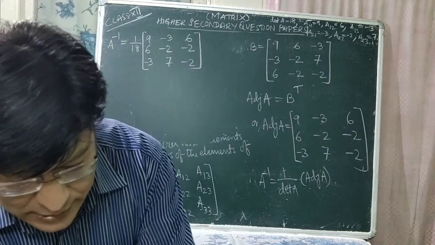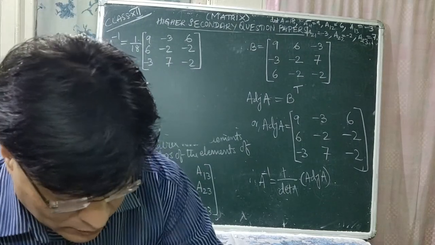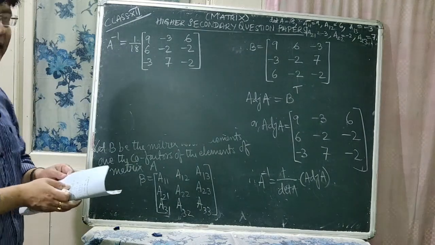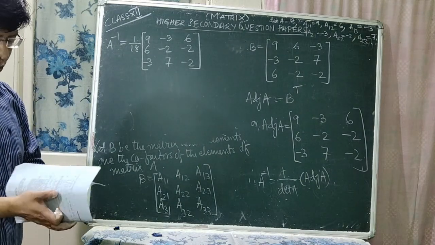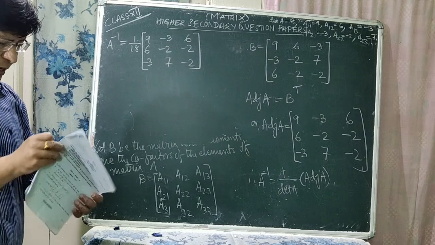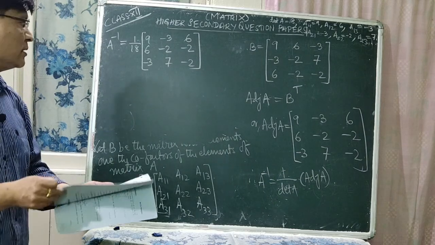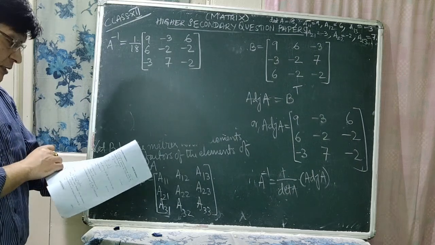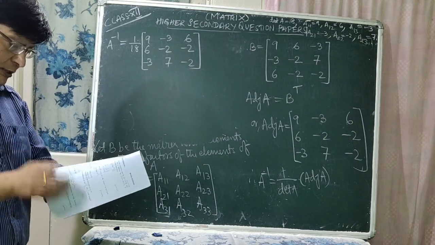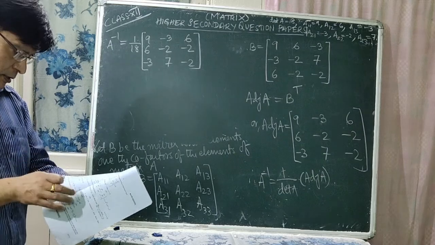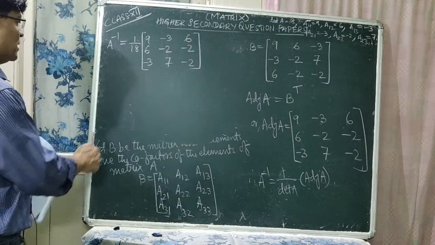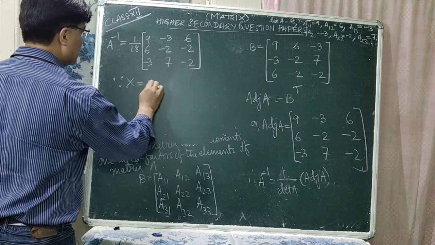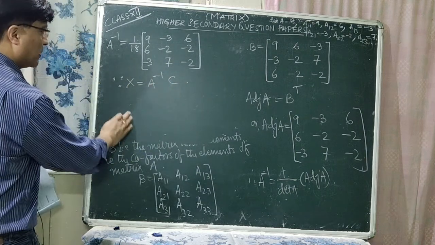Now we have to calculate the matrix capital X. You know how to calculate this matrix X, isn't it? We have written the relation in the previous step. What was the relation? Capital X is equal to A inverse C, right?